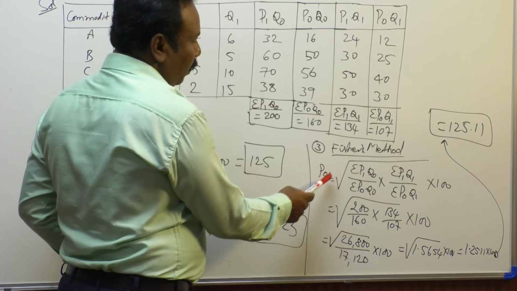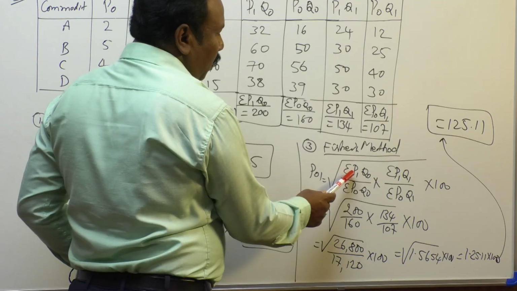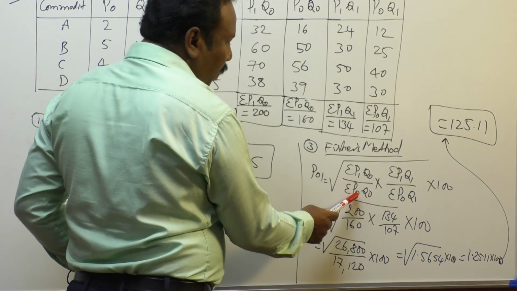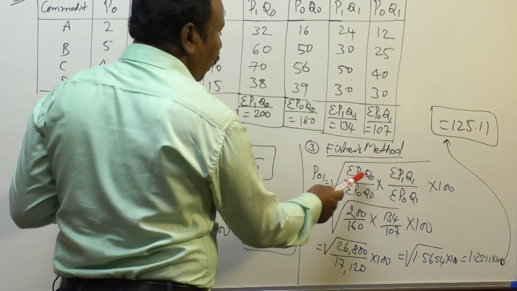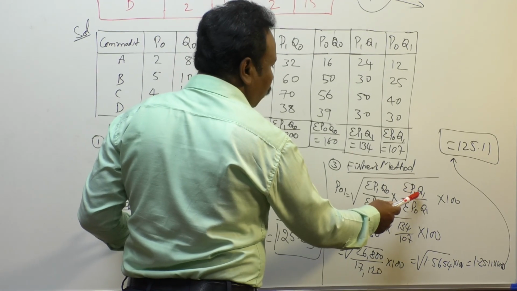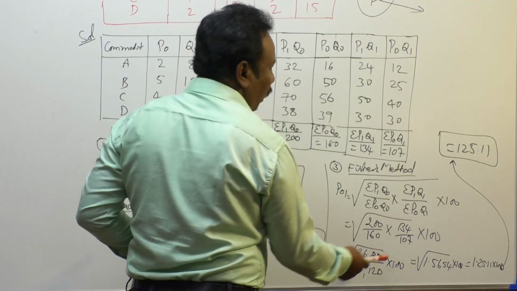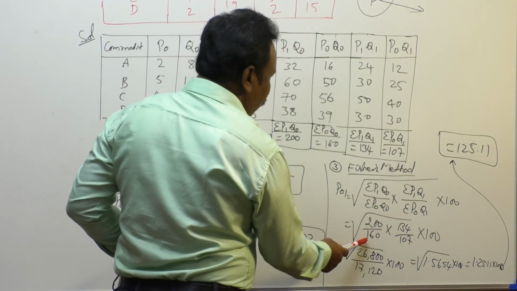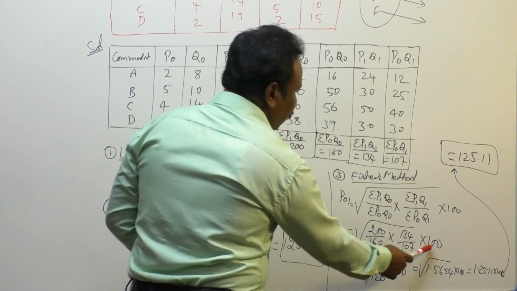The Fisher index method: P01 equals square root of the Laspeyres' formula value into the Paasche value, that is summation of P1 Q0 divided by summation of P0 Q0 into summation of P1 Q1 divided by summation of P0 Q1 into 100. So that is 200 divided by 160 into 134 divided by 107 into 100.